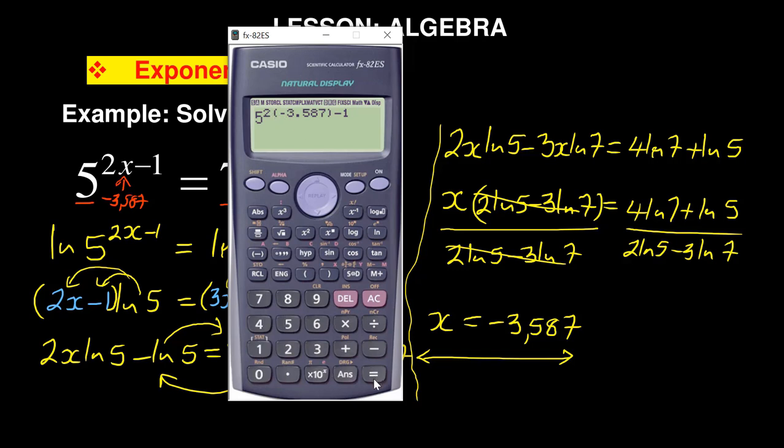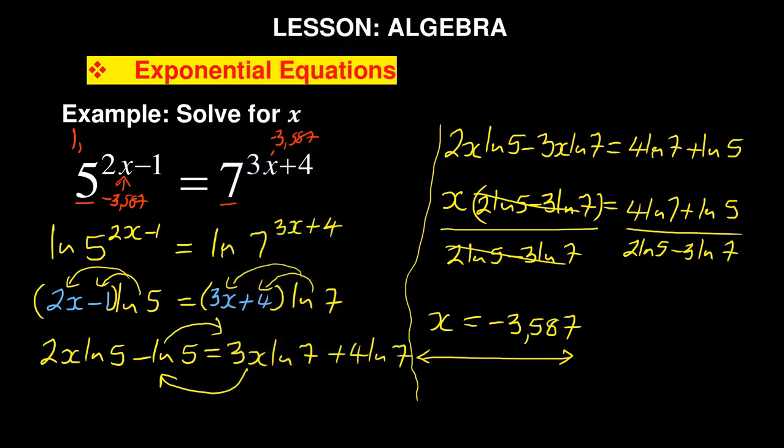So with that, if you say equal to, you see I'm getting 1,935 times 10 to the power negative 6. I'm getting it on the left hand side.